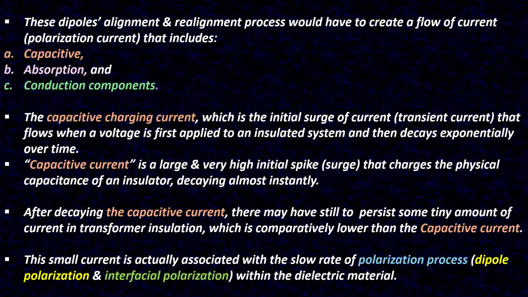After the capacitive current decays, some tiny amount of current may still persist in transformer insulation, which is comparatively lower than the capacitive current. This small current is associated with the slow rate of polarization processes, that is dipole polarization and interfacial polarization within the dielectric material.